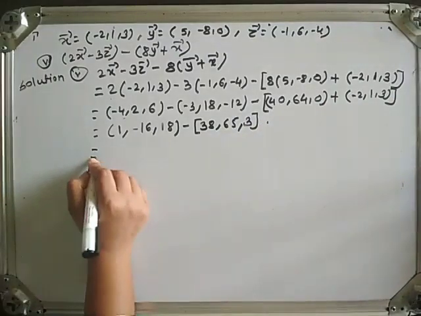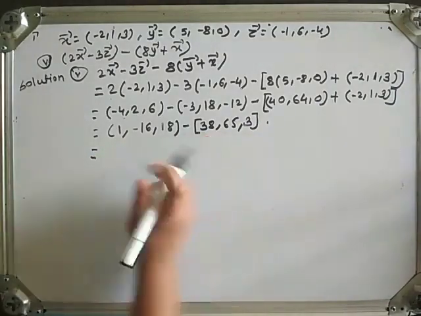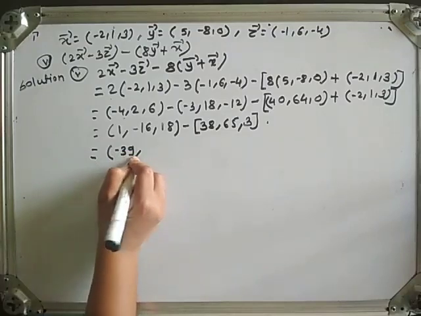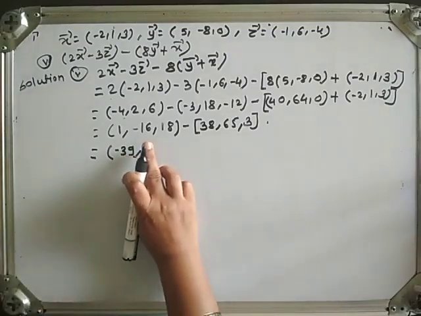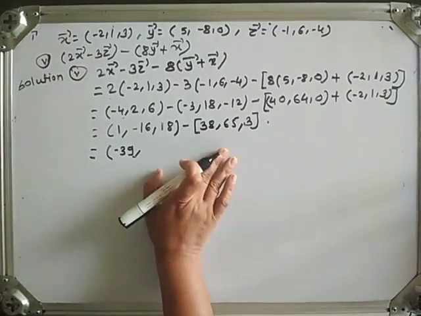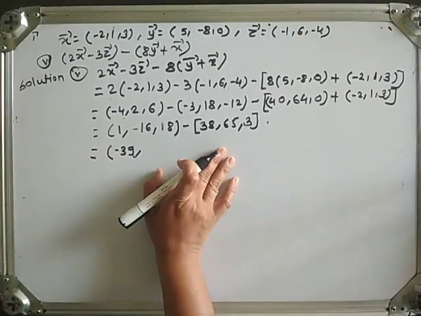Which is equal to 1, minus 38 is minus 39. Next, minus 16 minus 65.